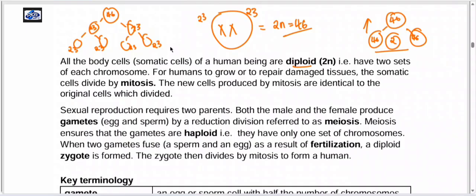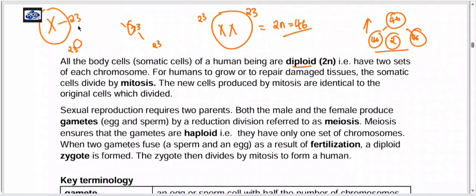Meiosis ensures that the gametes are haploid. Remember, the gametes are haploid. A haploid cell is a cell condition whereby it contains only one set of chromosomes. It will be 23.